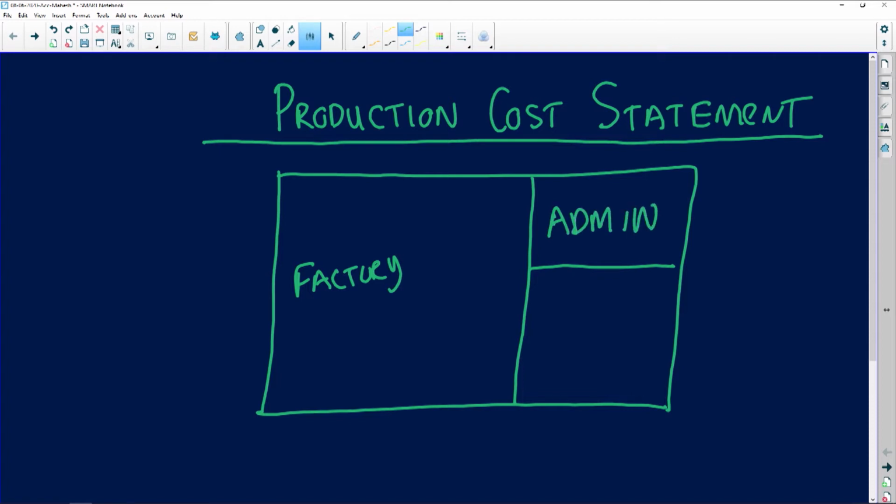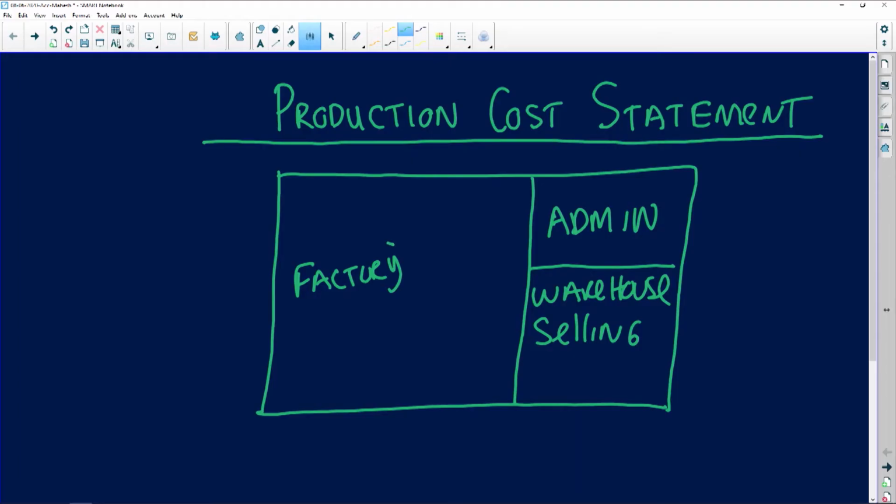Right, and then obviously we've got our warehouse, and this is where all our selling and distribution takes place.